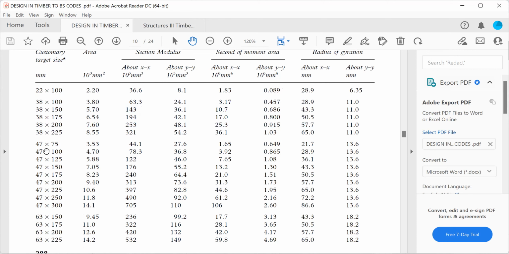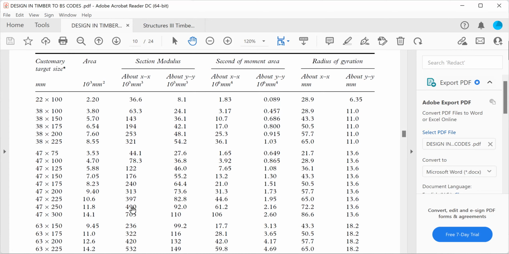So we'll move to the second set, which is now 47 up. This second value is our depth. So I have a depth of 250. Remember, when I use the depth of 250, I must restrict myself to 250. So when I come to this section here, I'll compare the values. The first value is for area.